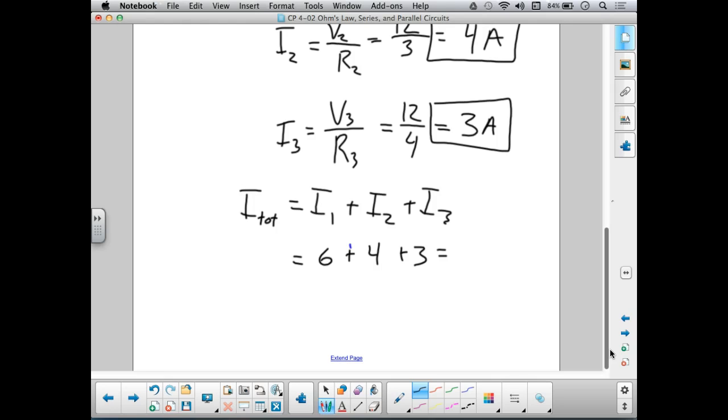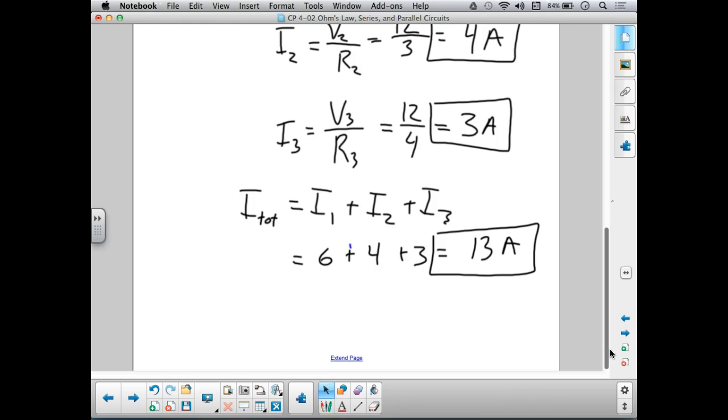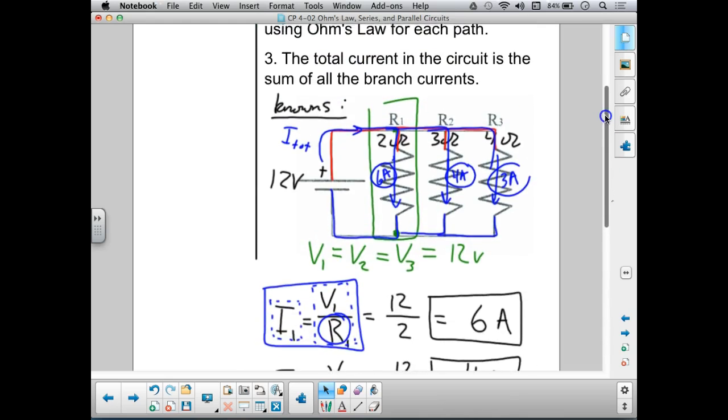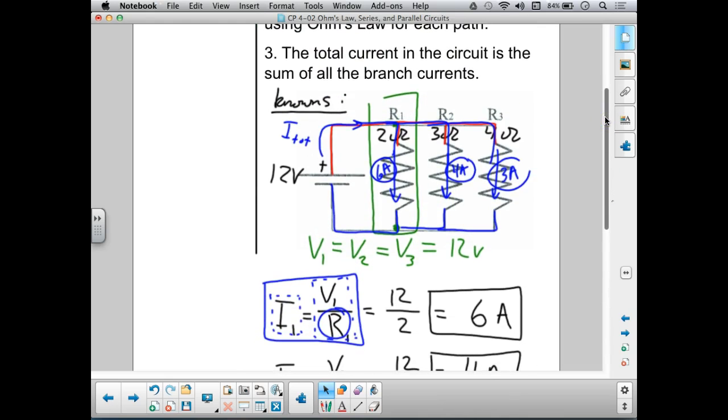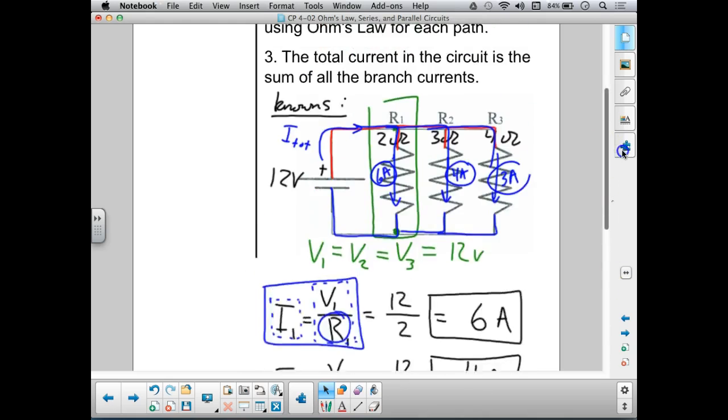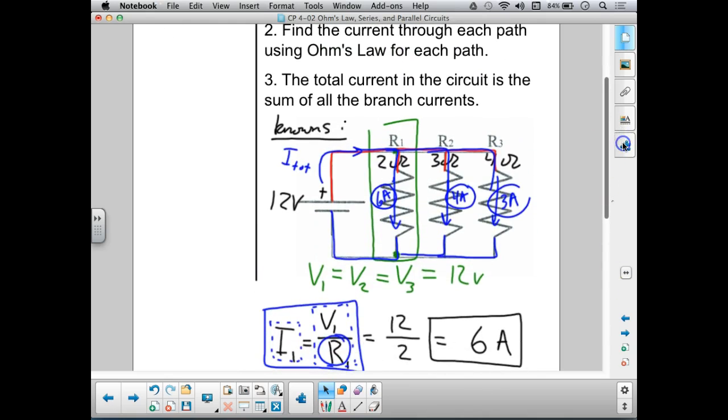If I add that up, 6 and 4 is 10, plus 3 is 13. I have a total of 13 amps flowing out of the battery to power this whole circuit. So this battery is operating at 12 volts, and there are 13 amps of current coming out of that battery, flowing through the 3 different resistors, and then coming back into the battery.